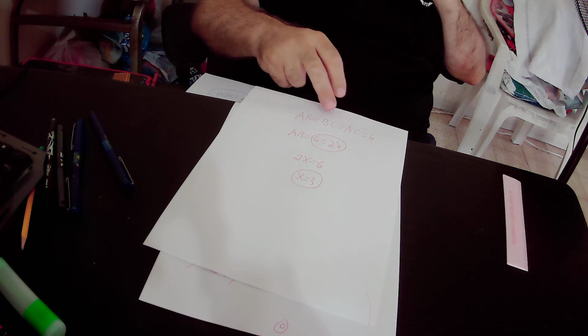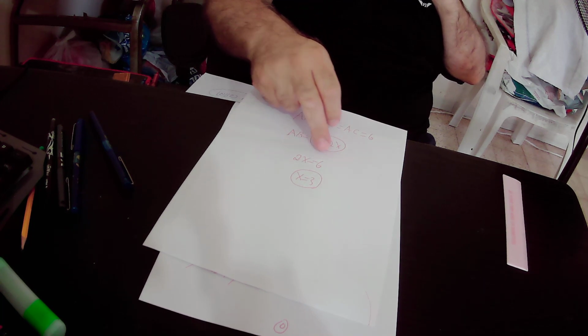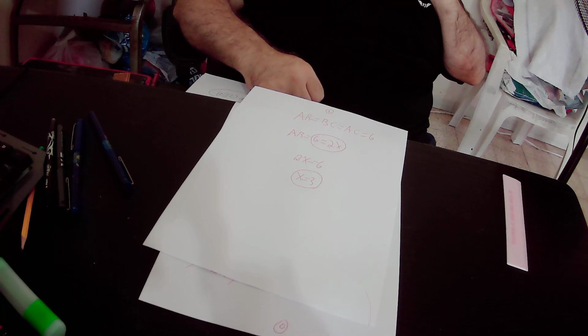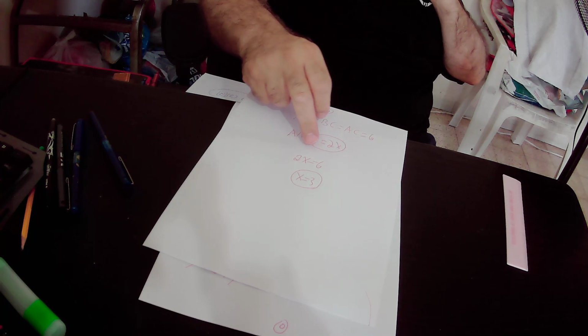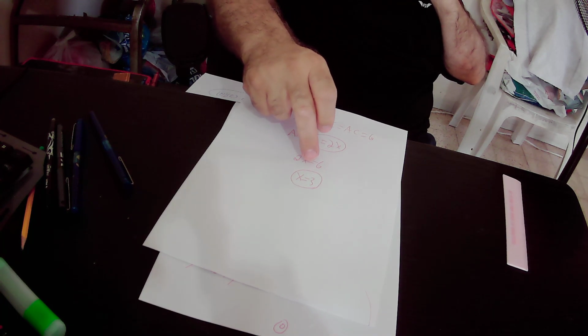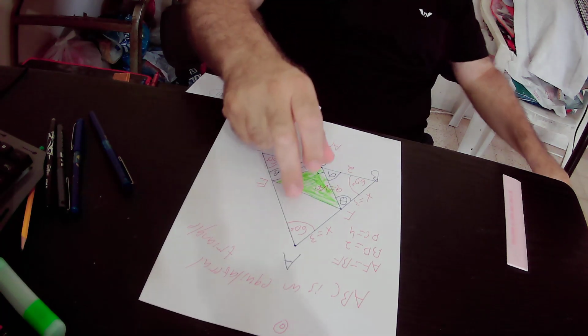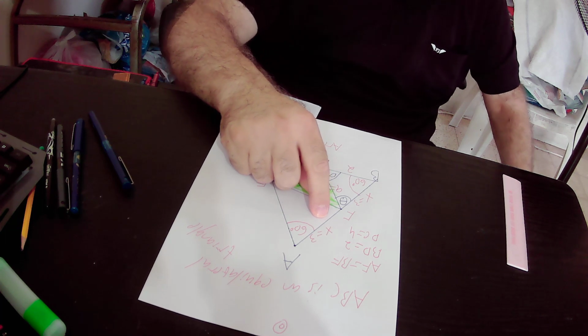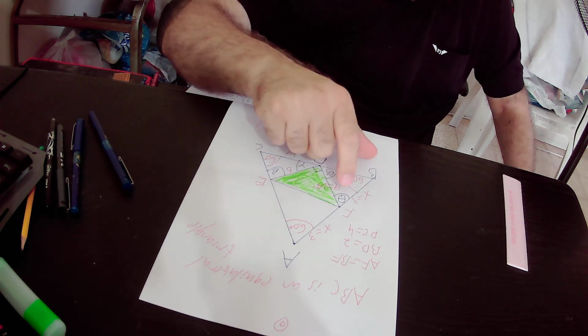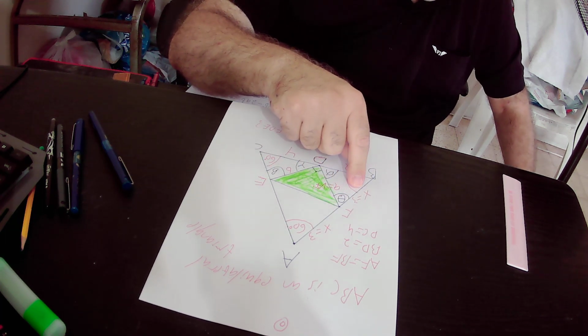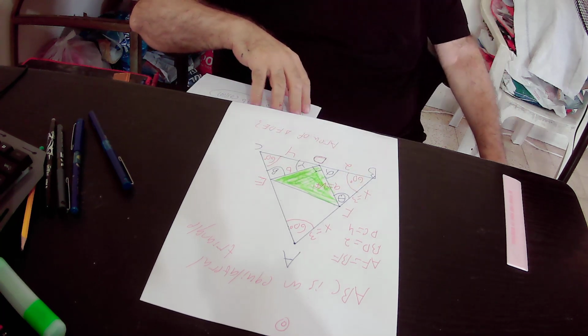So 2X equals 6 units. We divide by 2 and we get X equals 3 units. AF equals 3 units, and BF also equals 3 units.